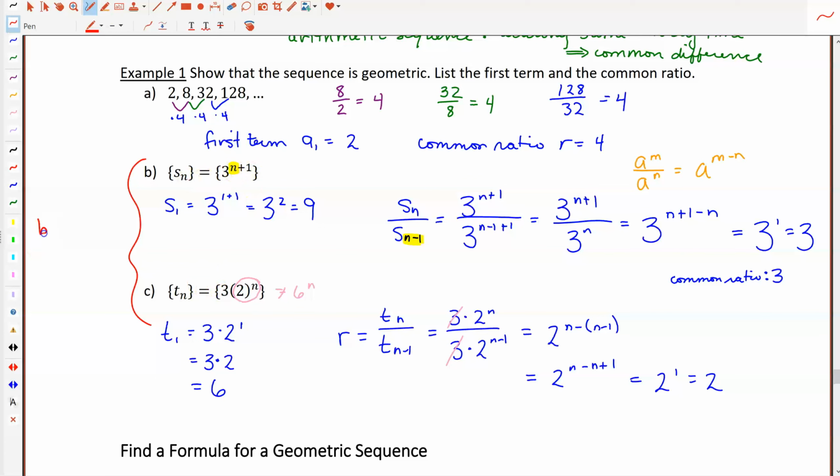And what's happening is that the base of those exponential expressions, or those exponential functions rather, if we think about these as functions, is related to the common ratio. So we'll find then that a lot of our geometric sequences, if we look at an explicit formula, it will mimic what you would see in an exponential function. And for that exponential function, whatever that base is going to connect to your common ratio. So all good stuff. Lots of connections to be made here.